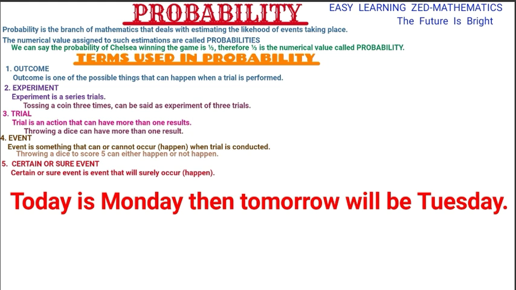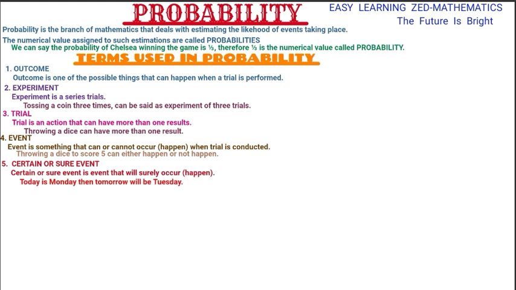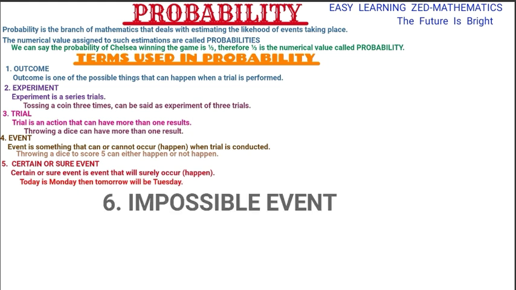Like I said earlier, if today is Monday, then tomorrow it will be Tuesday. That is a sure event. There is no doubt there, it will happen. The probability is 1. It's obvious. If today is Monday, tomorrow will be Tuesday. Okay, let's go to point number 6.